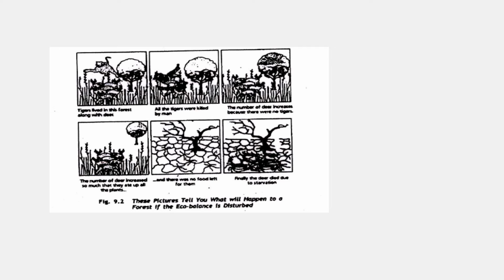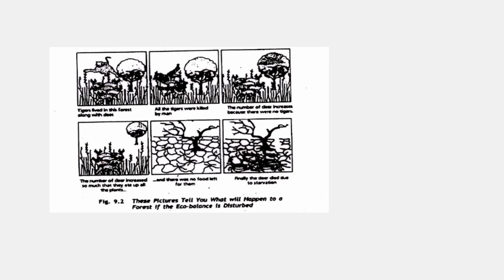See the bottom diagram. Now, as there was no food for the deer, they ate all the plants. Then last diagram, finally the deer died due to starvation. Because it ate all the plants, it had no food. So, as one trophic level is affected, the ecobalance is disturbed.